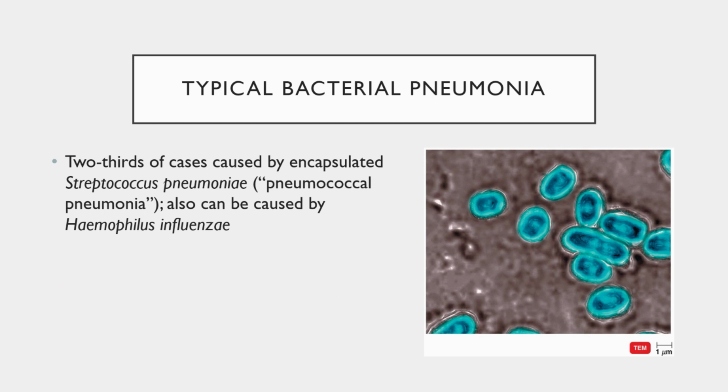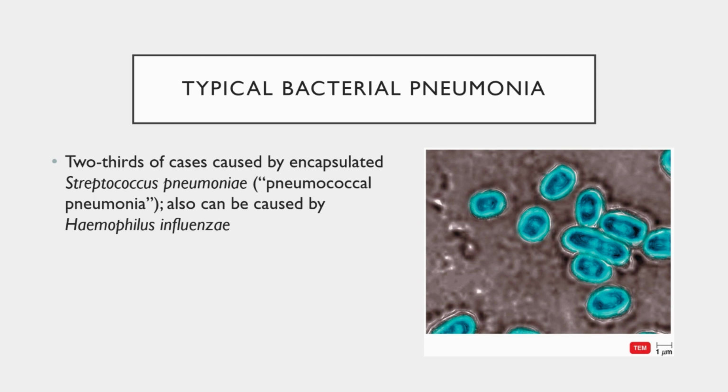So now we're moving on to our third bacterial lower respiratory system infection, which is bacterial pneumonia. Pneumonia is this overarching category that can be caused by both bacterial and viral pathogens, but here we're focusing on the bacterial causes, and in particular, we're going to look first at the typical bacterial causes.